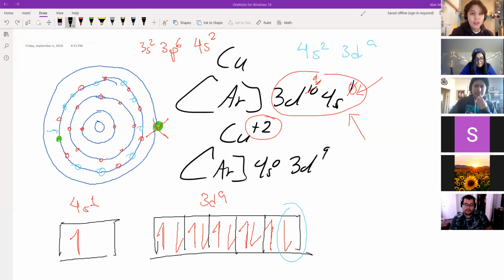So just to recap, the exceptions are in the d orbitals. I think there are exceptions in the f orbitals, but we don't deal with that in Gen Chem. In d orbitals, we have exceptions because they want to be full or half full, and these exceptions are almost always very, very one electron away from being half full.